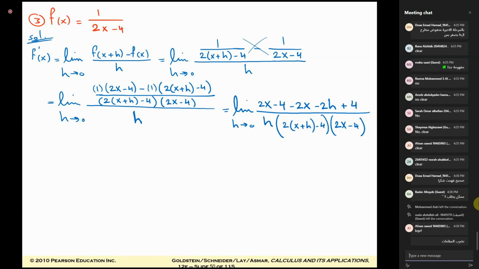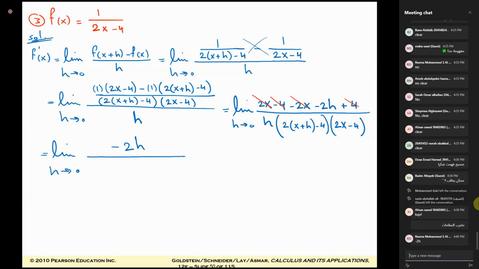Now we also have some terms that must be removed. For example, we have 2x with negative 2x, minus 4 with 4, so the remaining fraction after simplifying is only minus 2h over h multiplied by 2x plus h minus 4 and 2x minus 4.